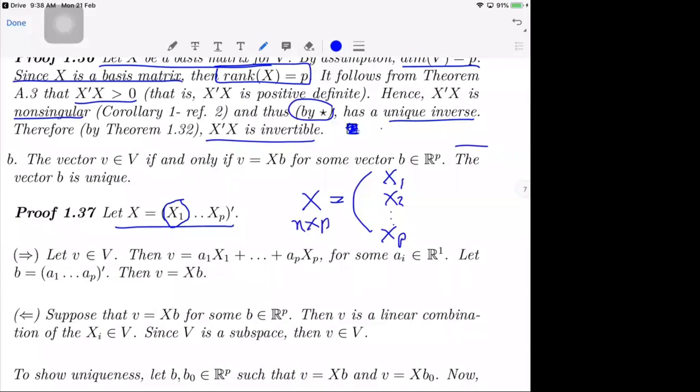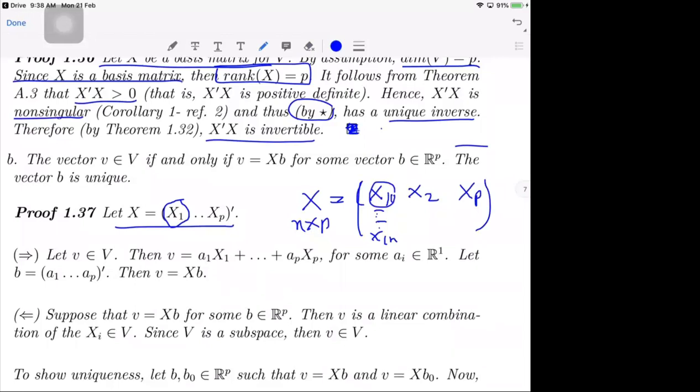So this is prime. Okay, so x1, x2, xp. But each of these has n entries in all. So x11 to x1n, and so on and so forth. And p of them in all. Okay? So this is an n by p matrix.